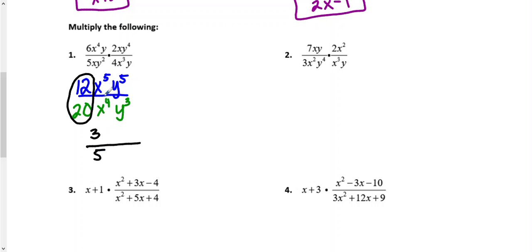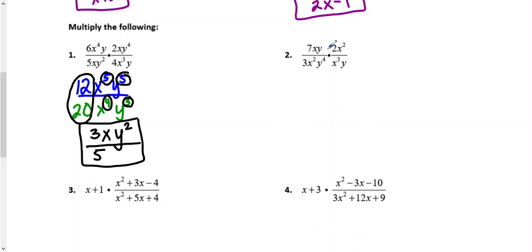Then I have x to the 5th divided by x to the 4th. So we say 5 minus 4 is x, which stays on the top because 5 is bigger than 4. Same with the y's. 5 minus 3 is 2, so y squared stays on the top. And there's my answer. So if you want to pause the video, try number 2, you can do that, or I'm going to work this one through as well.